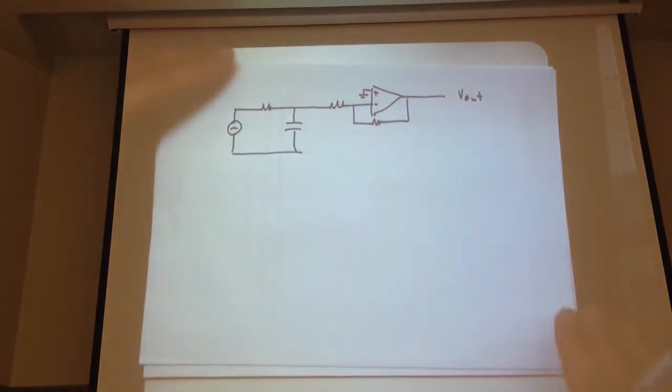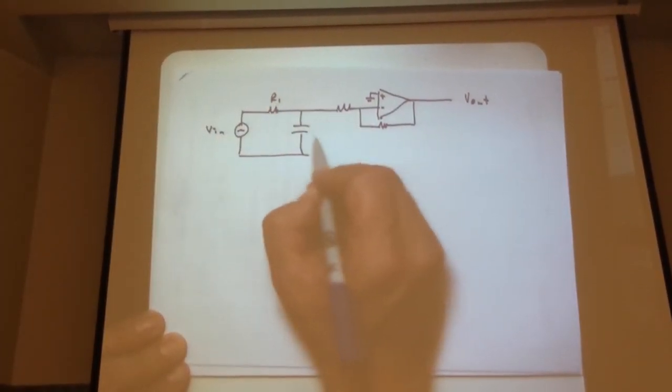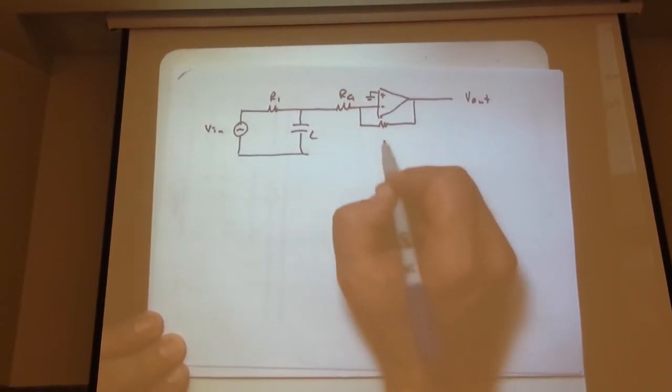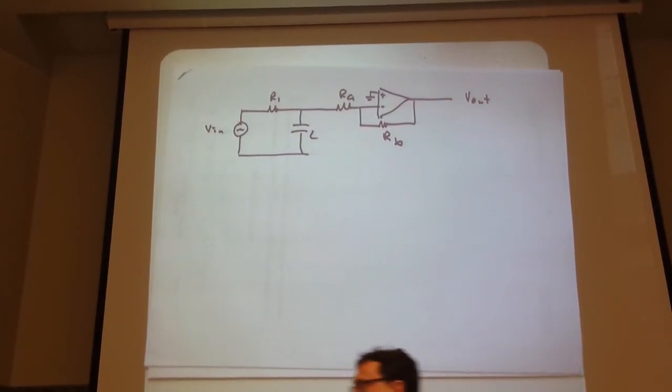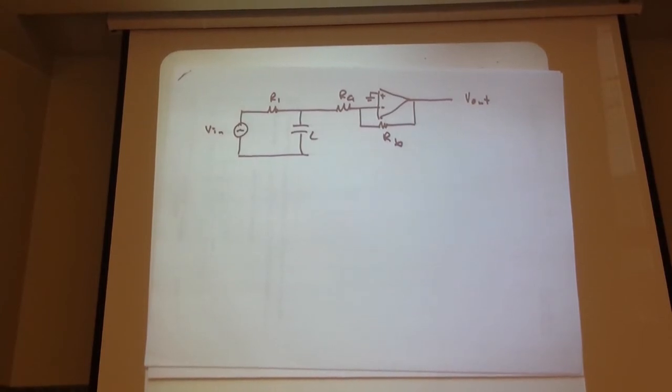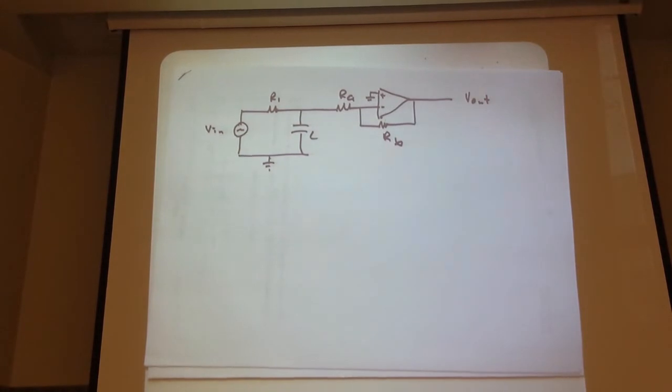Inverting amplifier. Is that an isolated 2-stage network? It's a trick question. It's a 1-stage network. Why?